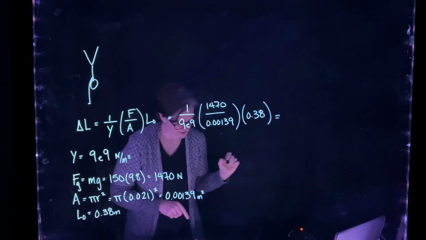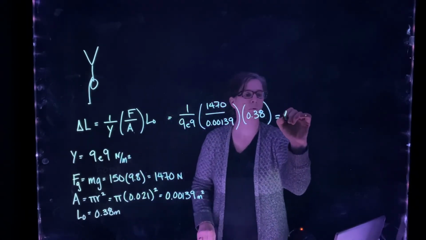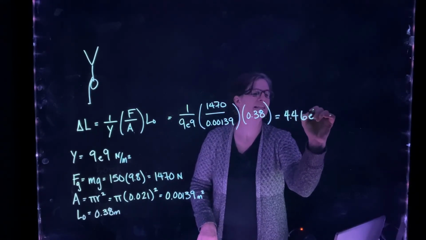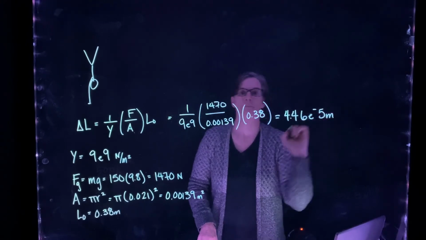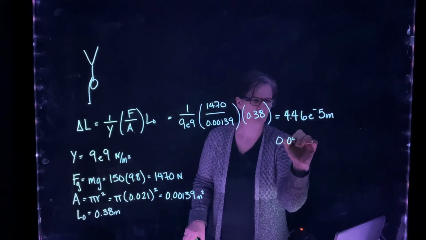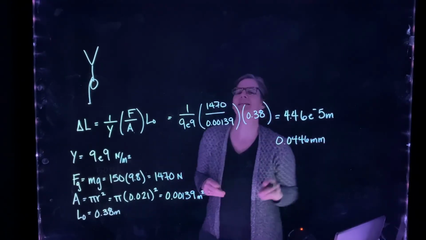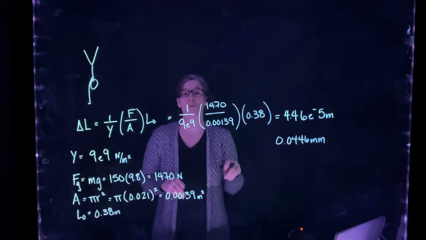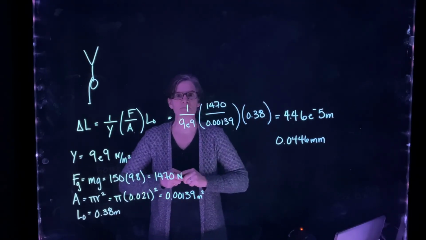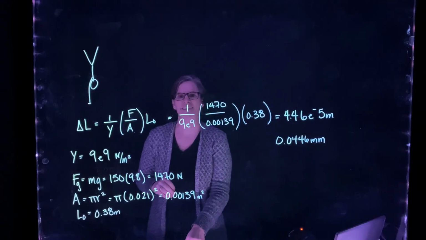And we find that the change in length of this situation is 4.46 times 10 to the negative 5th meters. So that's 0.0446 millimeters. So just a teeny amount, 0.04 millimeters of compression acting on that bone. All right, so using the relationship for compression. Good job.